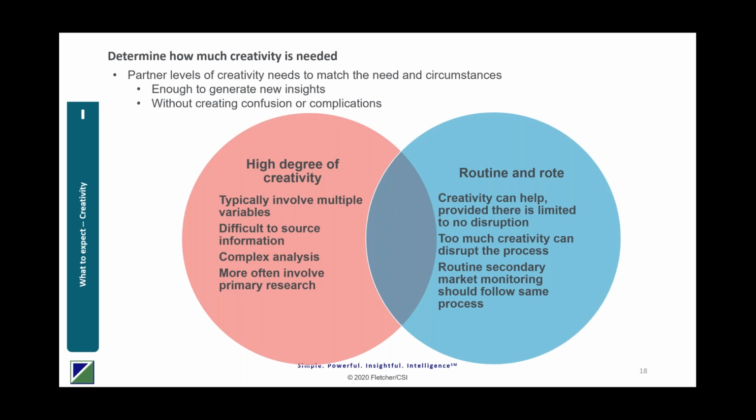A couple of things to look at on the third-party partner. First one is on creativity. How much creativity do you want them to express for you? There are some activities, multiple variant activities, things that are future-looking, things that have very difficult sources of information that require a complex data collection tool, things that have multivariate analysis that require special analytical capabilities, things that require a little more primary research, that require from your partner a degree of creativity.